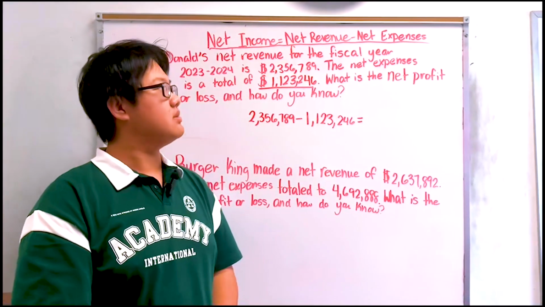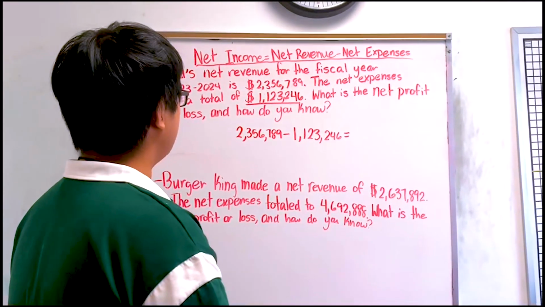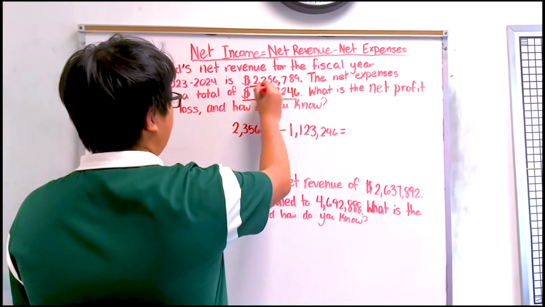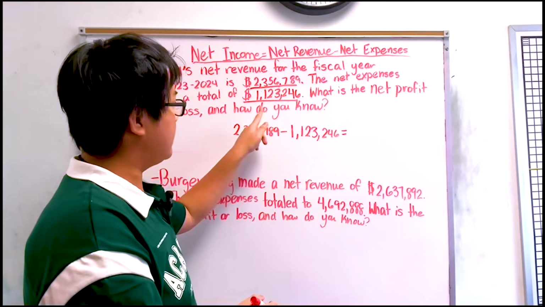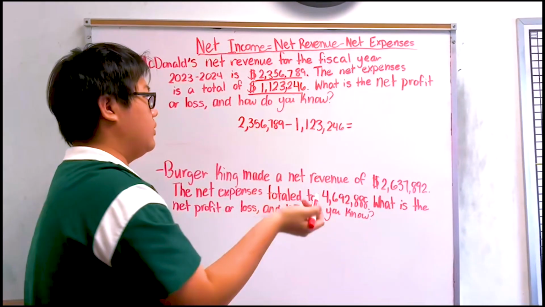All right, so let's look at this problem. It says McDonald's net revenue for the fiscal year 2023 through 2024 is $2,356,789. The net expenses is a total of $1,120,246. What is the net profit or loss, and how do we know?